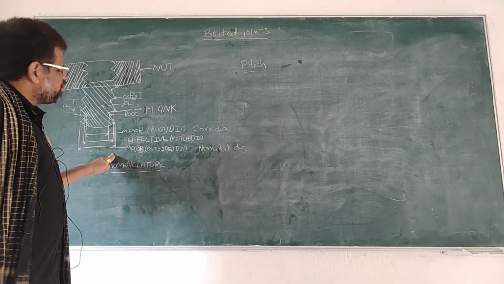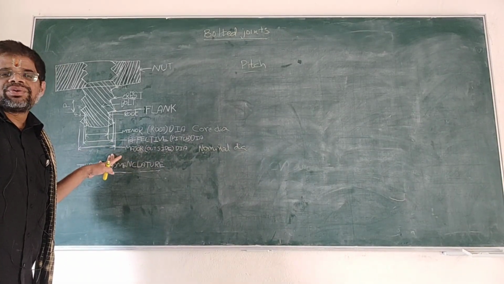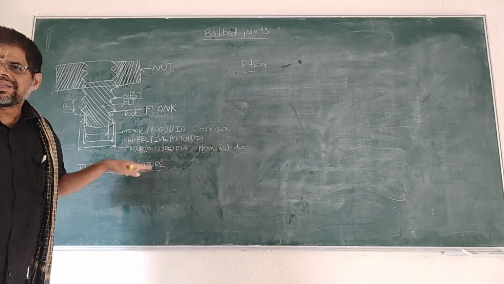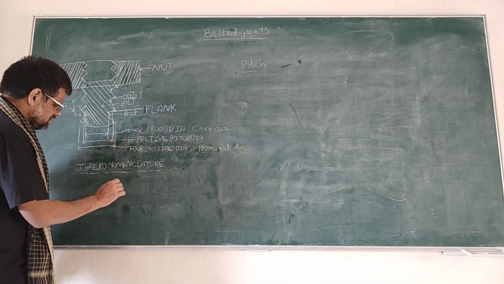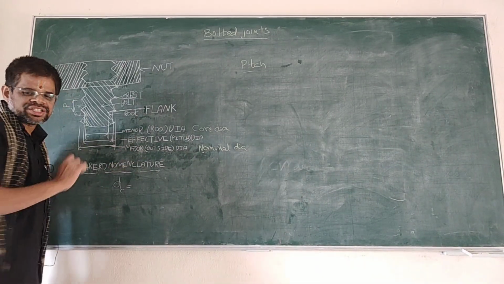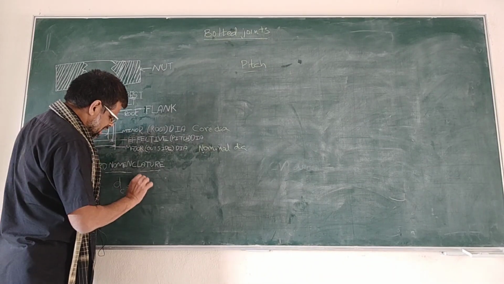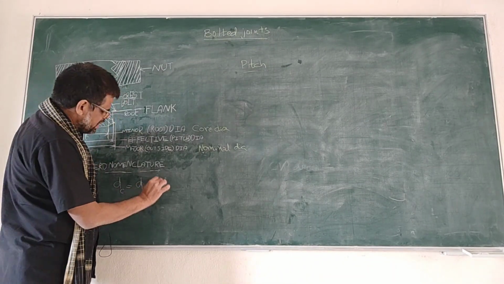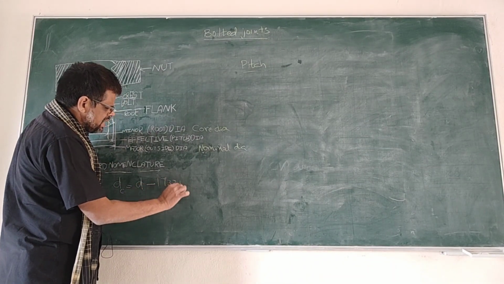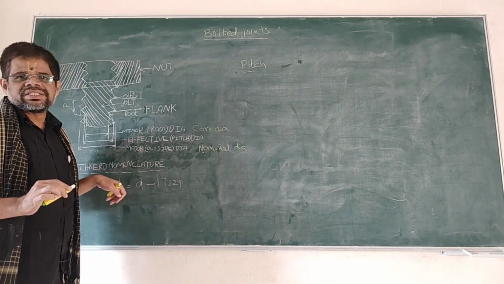Now, if you want to find the core diameter, if you are given the major diameter and the pitch, then there is a formula: Dc = D minus 1.732p. I have not yet explained D and Dc.